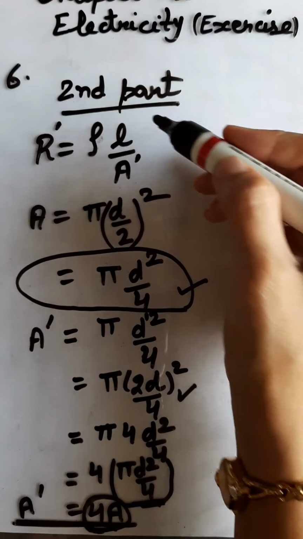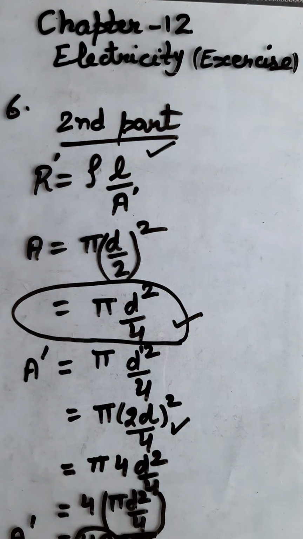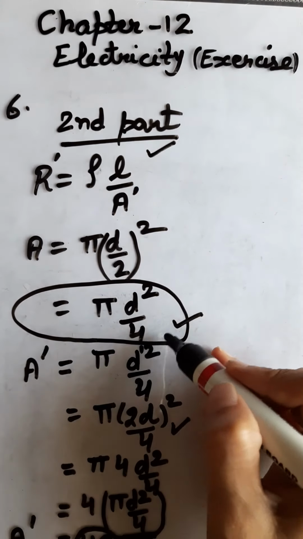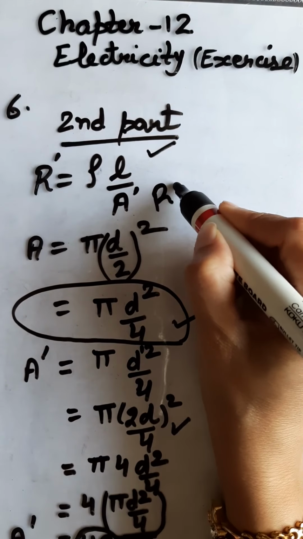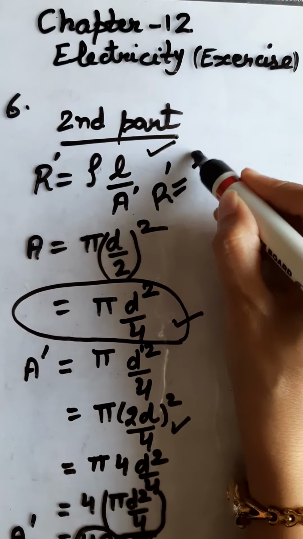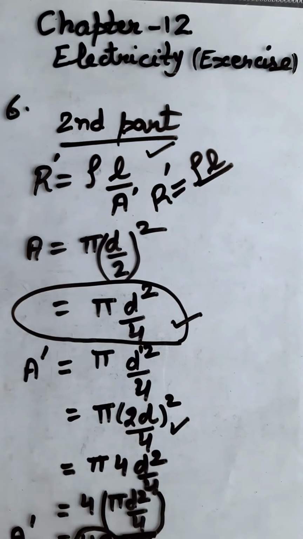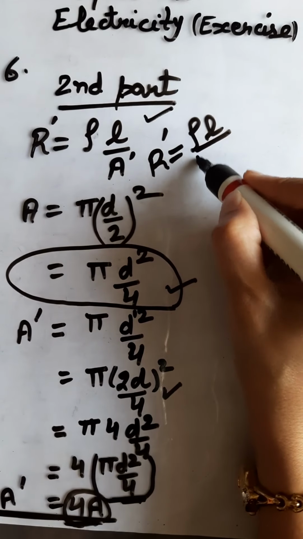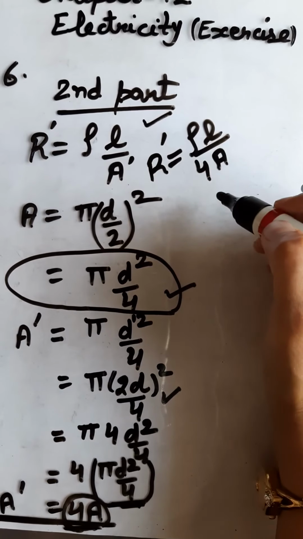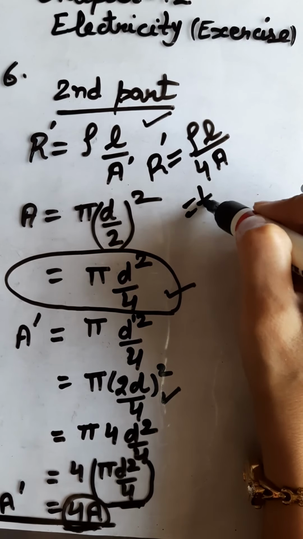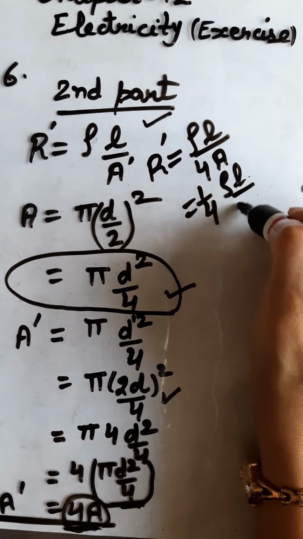Now come back here. What will be the effect on resistance? As the area is 4 times by doubling the diameter, the resistance R' will equal ρL by A', which can be put as 4A. So it will be 1/4 of ρL/A.